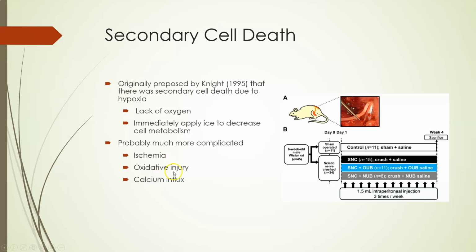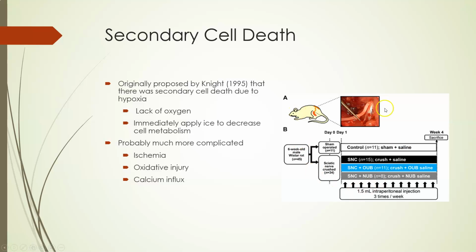But it's much more complicated and probably more of a result of a crisis of energy than it is about a true hypoxia and a lack of an ability to produce energy because of lack of oxygen. But at that same note, I put this picture over here because all of the research associated with secondary cell death has been done in rats with crush injuries, which are much more substantial than our normal musculoskeletal injuries.